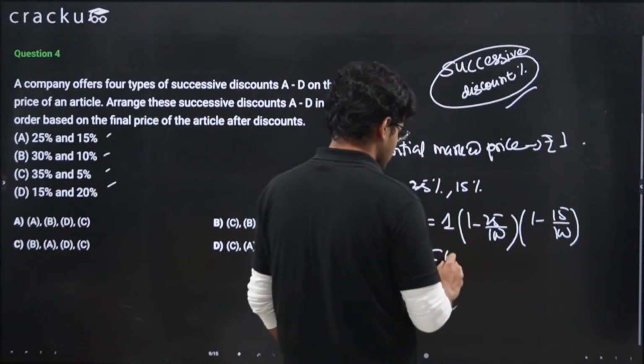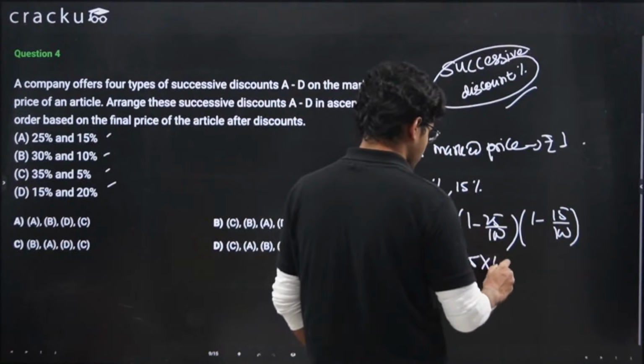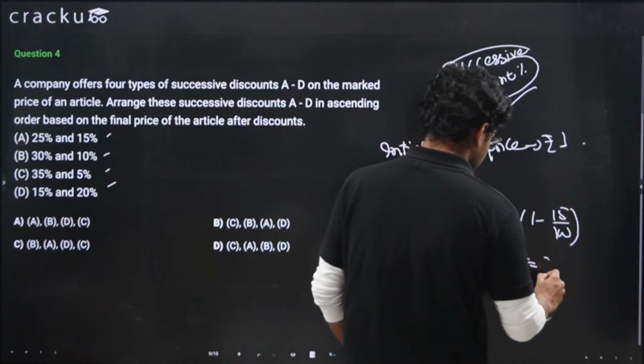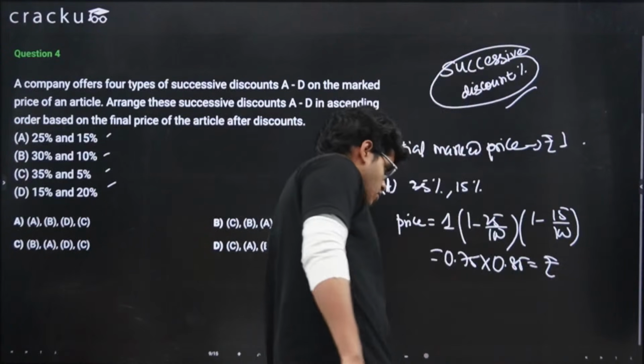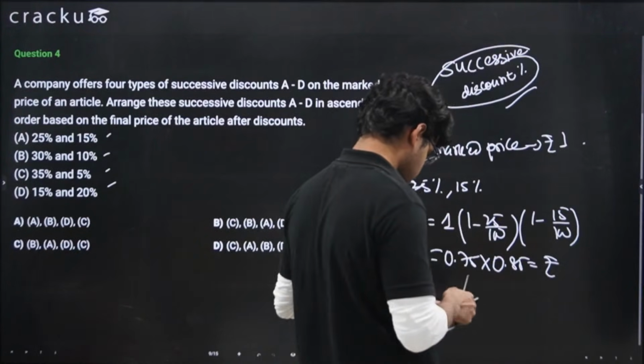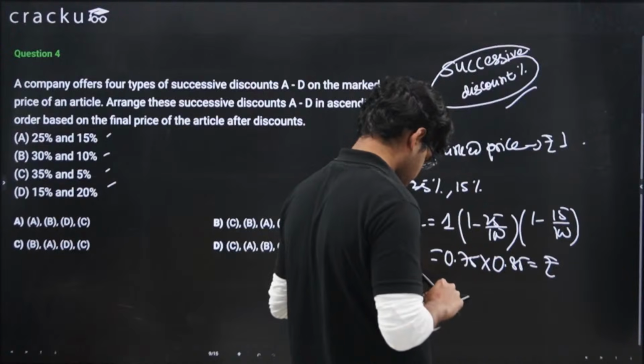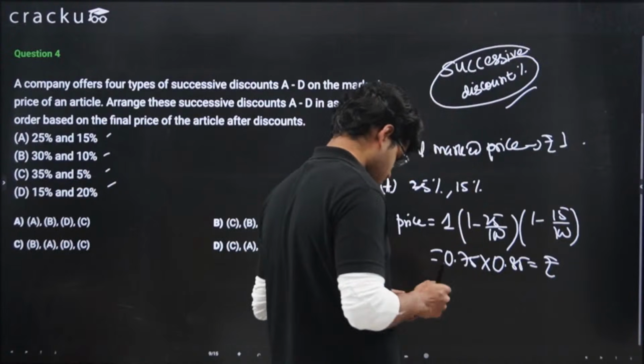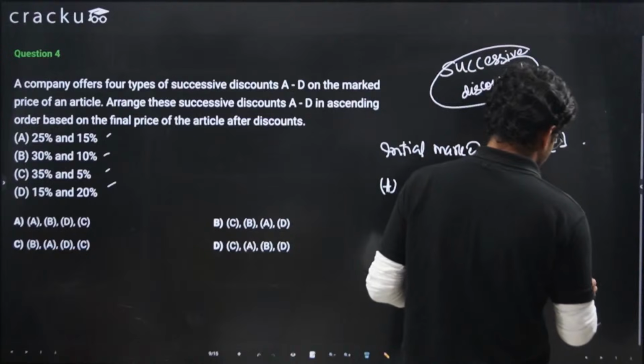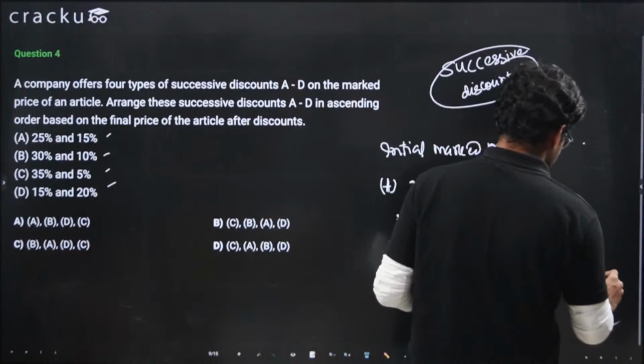So it is 0.75 into 0.85, which equals rupees 0.6375.